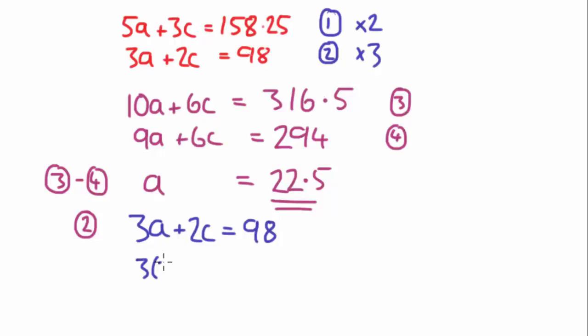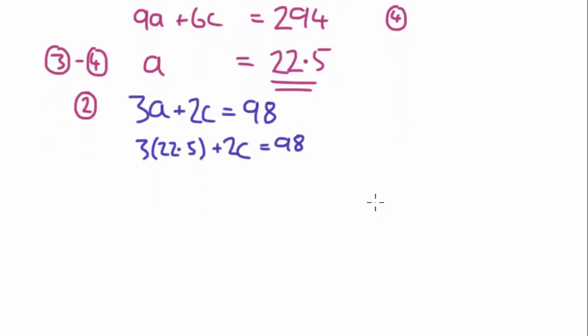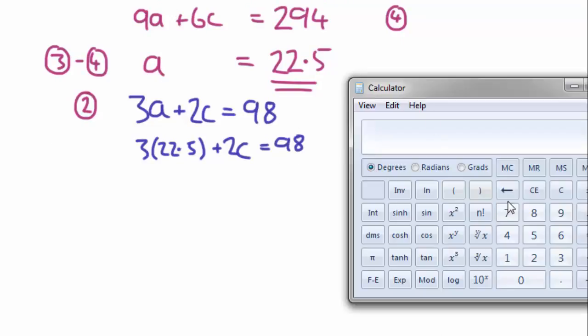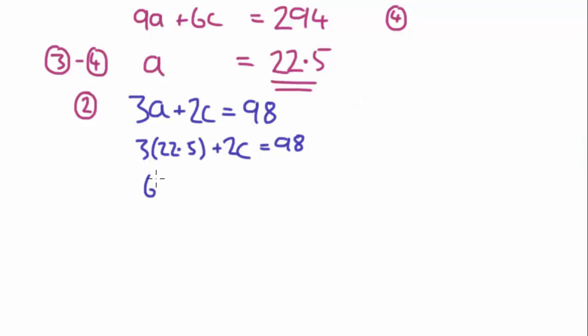So 3 times 22.5 plus 2C equals 98. Out with the calculator just to make sure, 3 times 22.5 is 67.5, plus 2C equals 98.